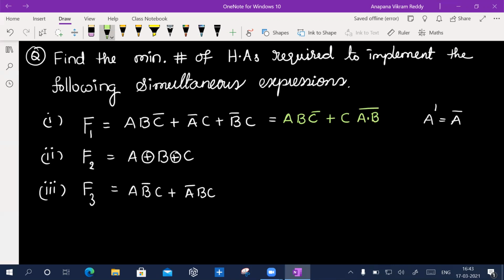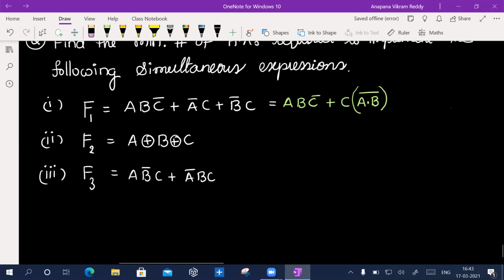Agree? Yes, sir. See why I'm doing this. You'll understand. A and B whole complement is what? A complement or B complement. So please apply De Morgan's law here to unlock the stuff. There is no big deal. I'll just tell you why I'm doing this. But you may ask me, sir, how did you get this idea?